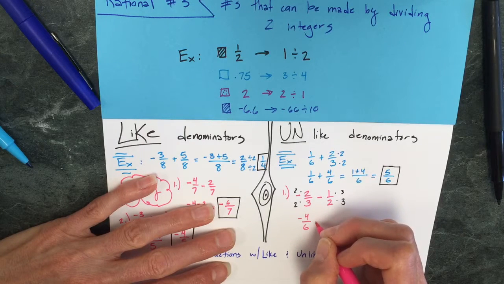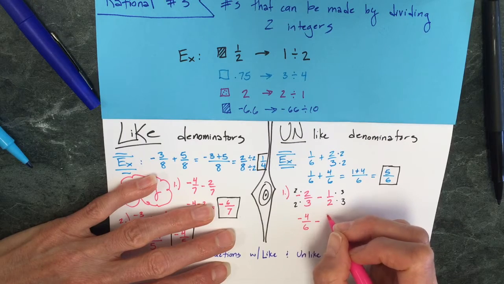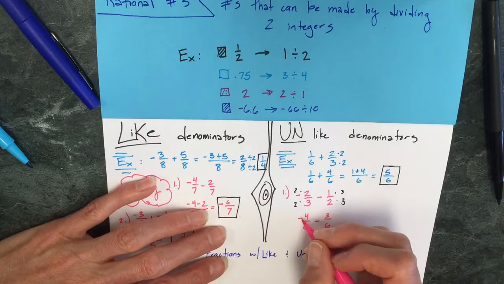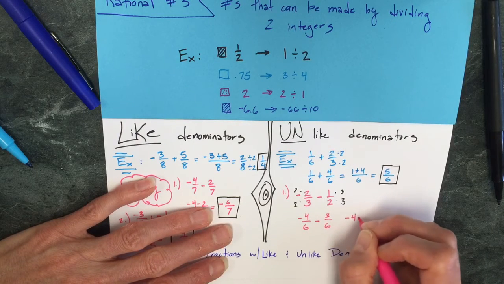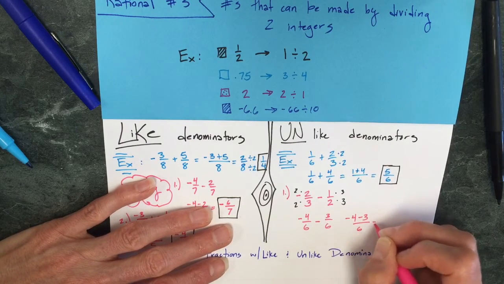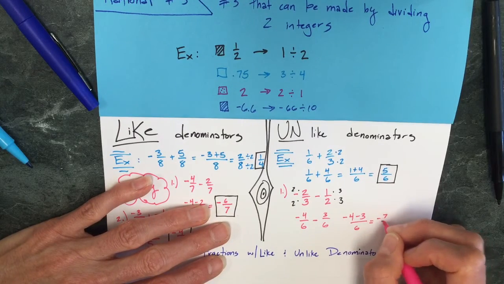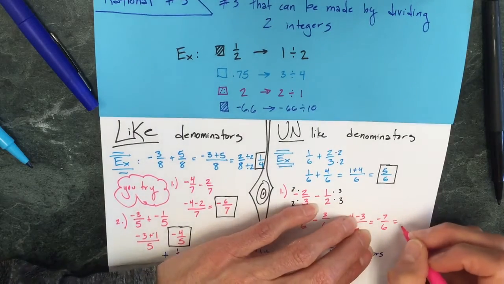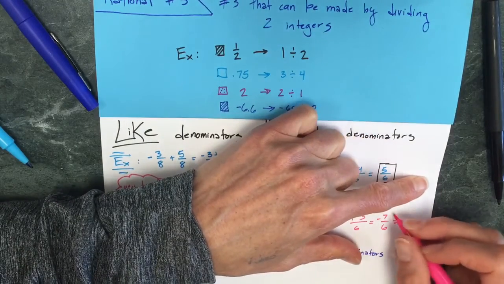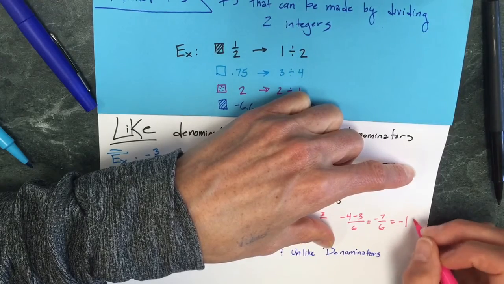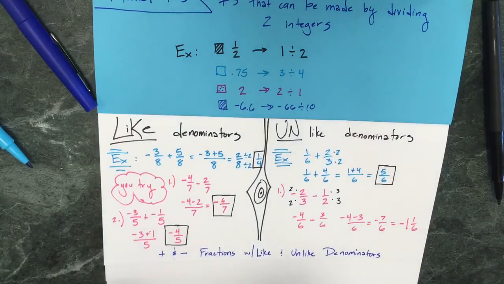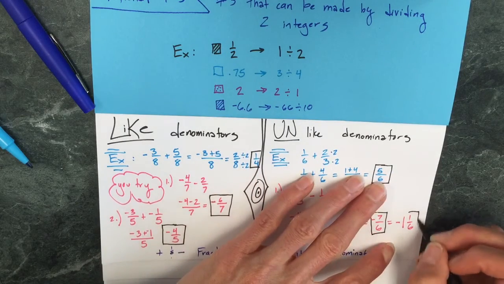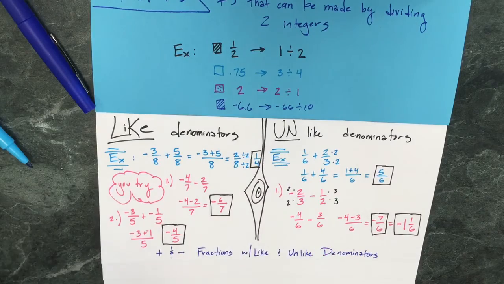This becomes minus 3/6. Now that you have the same denominator, hopefully you combine your numerators, so negative 4 and negative 3 over 6. And that is negative 7/6, which you can keep, or you can change that into a mixed number and have 6 goes into 7 once with 1 left over. So I would accept either negative 7/6 or negative 1 1/6 for that one.